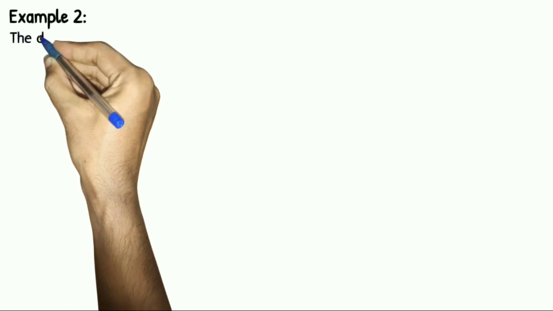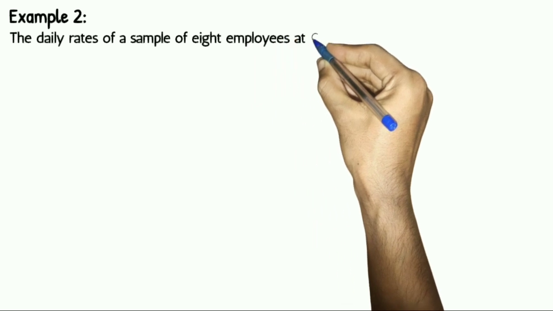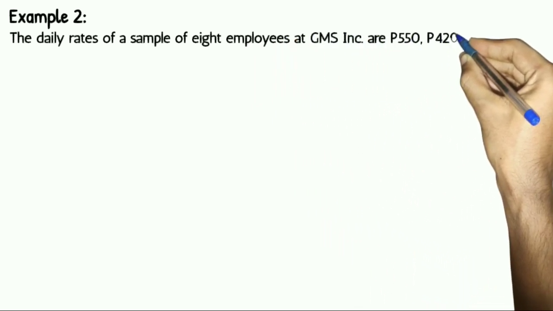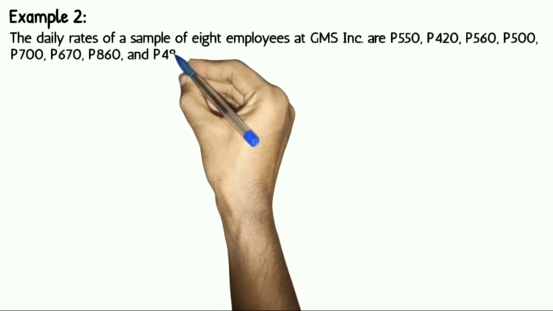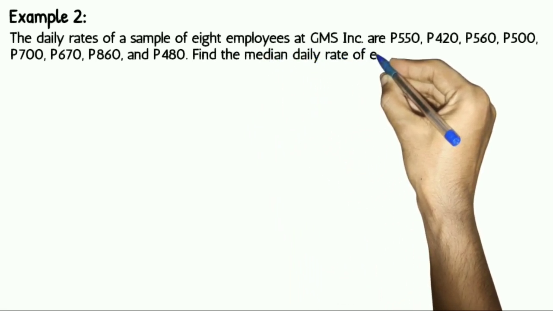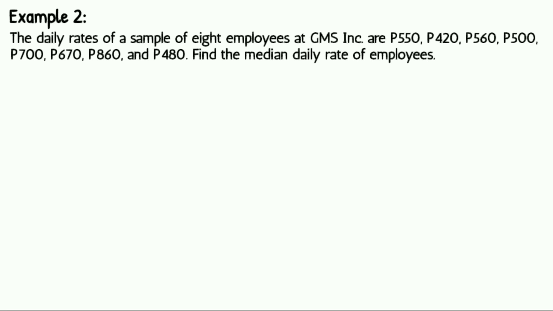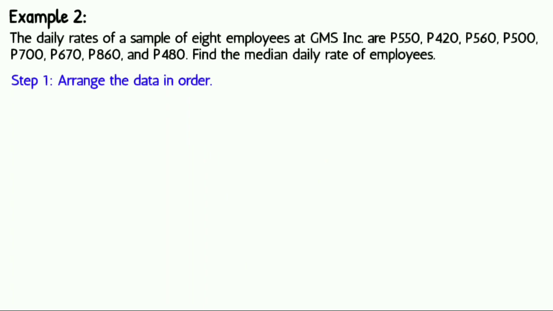Example number 2. The daily rates of a sample of 8 employees at GMS Incorporated are 550 pesos, 420 pesos, 560 pesos, 500 pesos, 700 pesos, 670 pesos, 860 pesos, and 480 pesos. Find the median daily rate of the employees. Our step 1 is to arrange our data set in order.